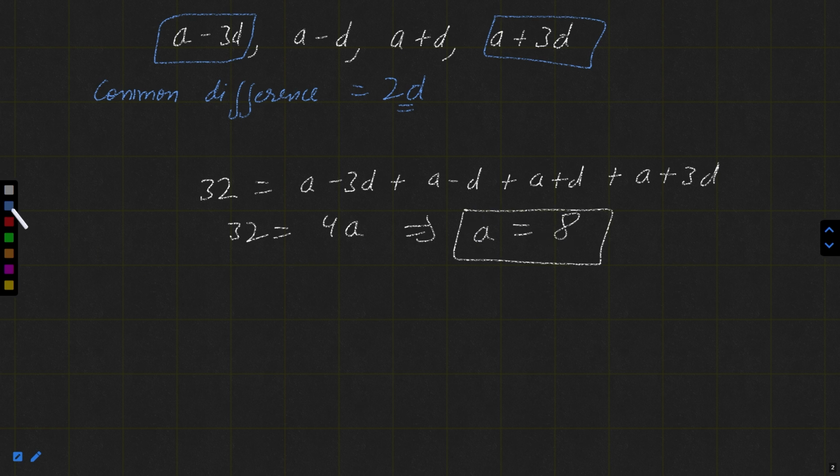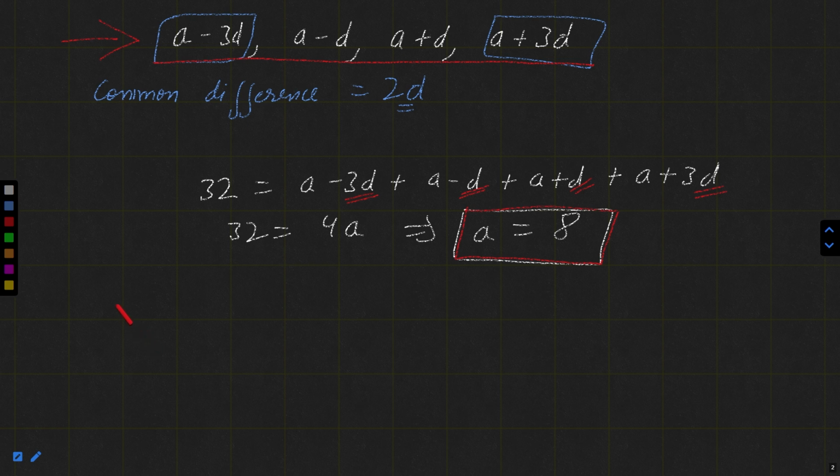So see why I have chosen my AP like this: all the terms with d as the variable will eliminate and I will be left with the variable a, and then I can easily find the value of a. That's why I chose these as my terms. Clear?